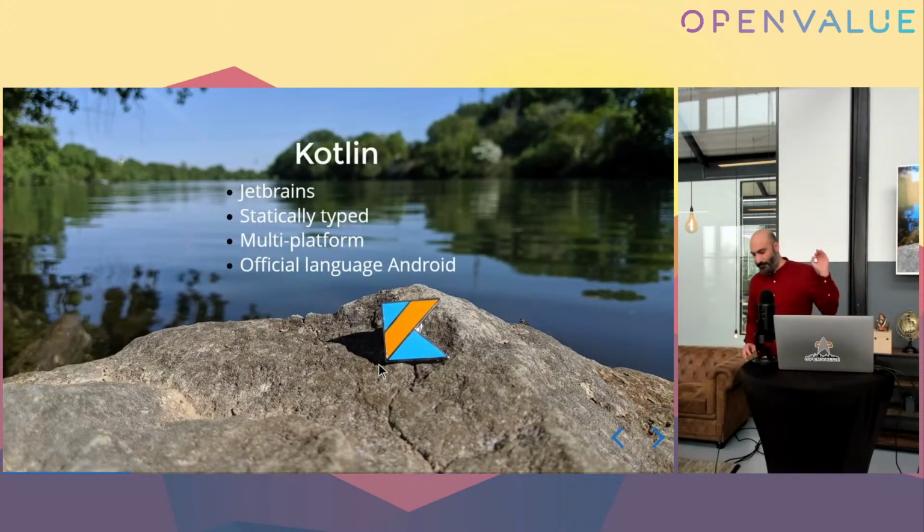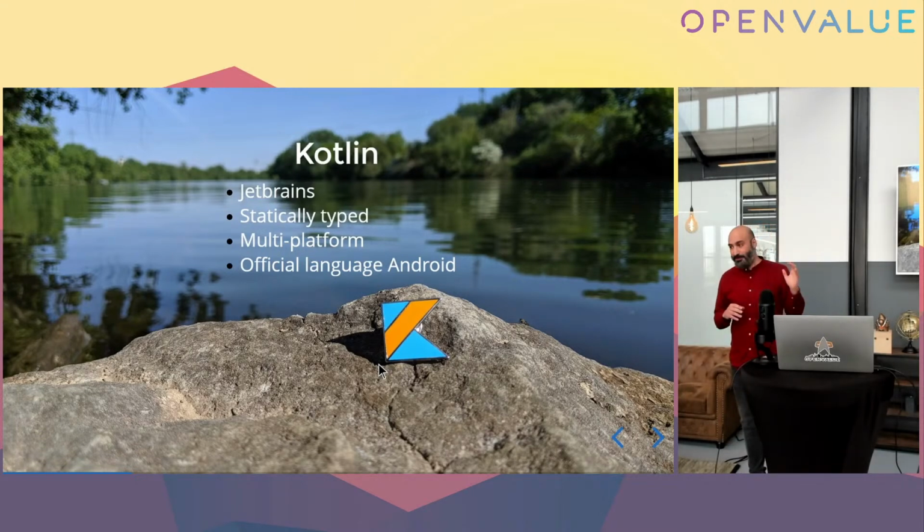So, really briefly, what is Kotlin? Kotlin is a language on the JVM, but it's multi-platform. It's developed by JetBrains, also the company behind your favorite IDE, IntelliJ. It is a statically typed language. It targets multi-platform, and it's also the official language of Android.